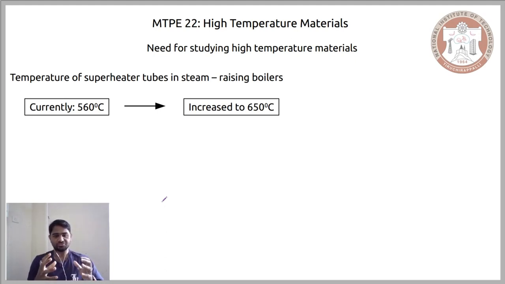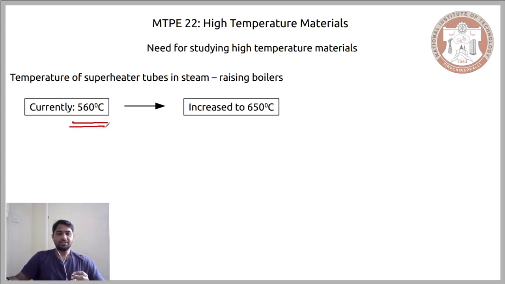We have saturated steam, and these superheater tubes increase the temperature of the steam that ultimately will drive your turbines and create electricity. So these superheater tubes are the component that experiences the maximum amount of heat. Currently, they operate at a temperature of 560 degrees Celsius.